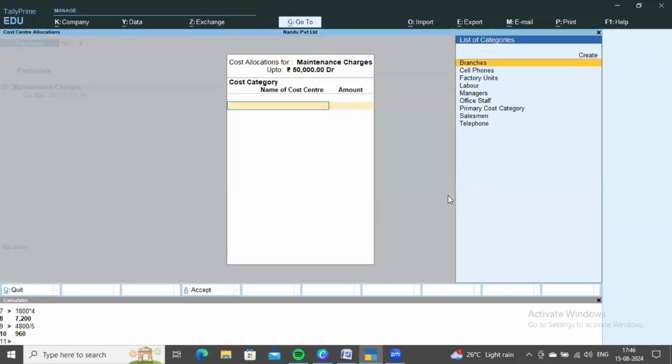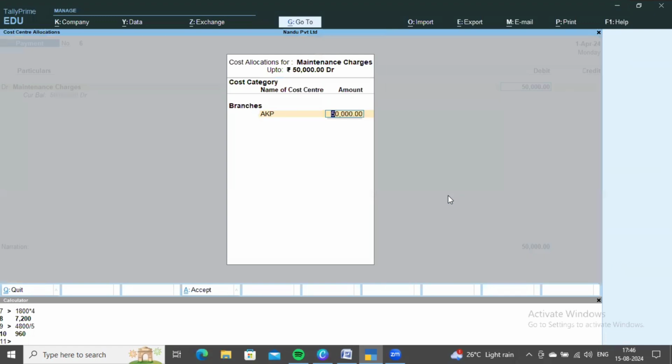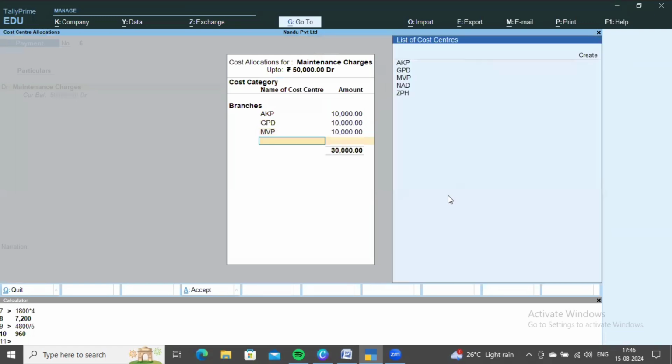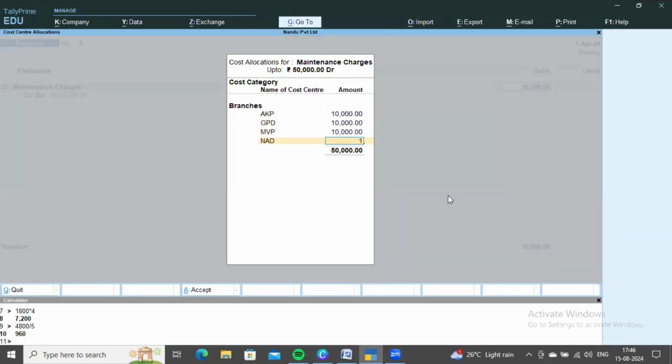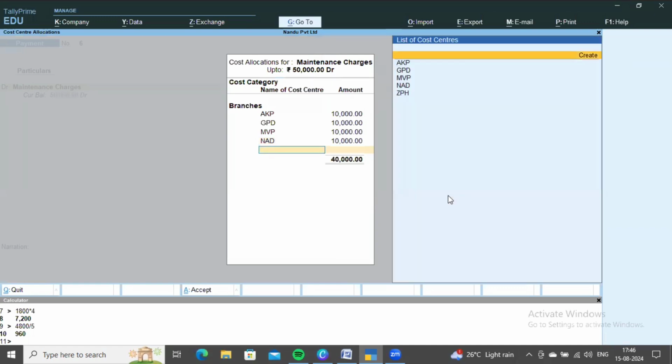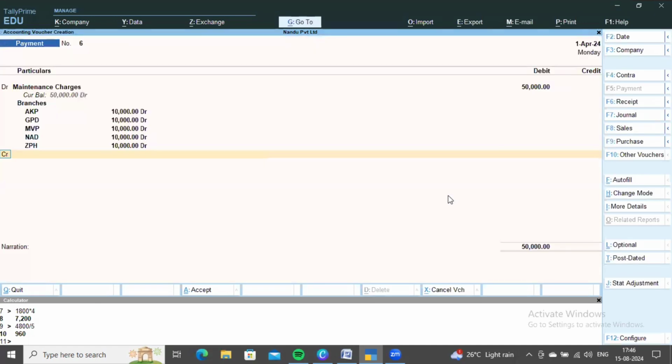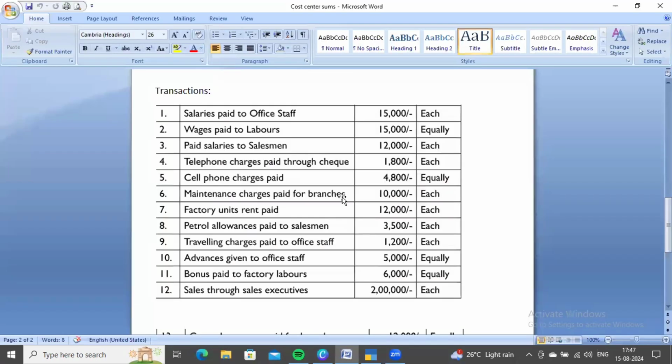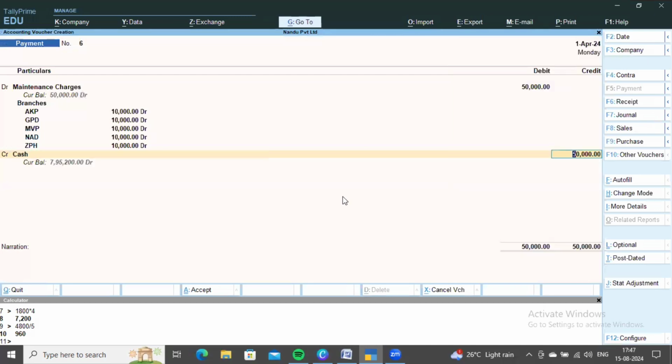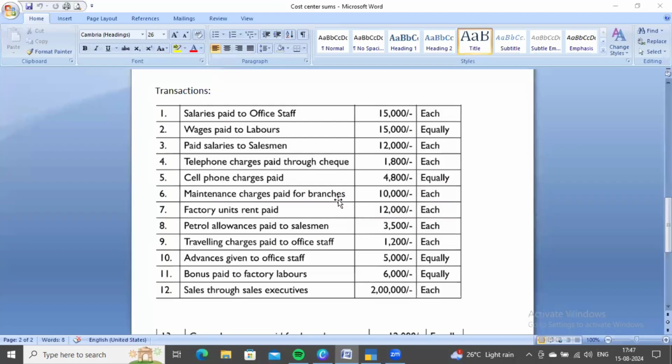And you need to select branches here and give 10,000 to each cost center. Like this. And credit, yes, you are making payment through cash. Then press Ctrl A to save it.